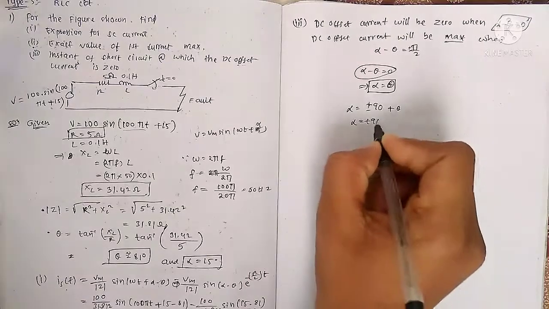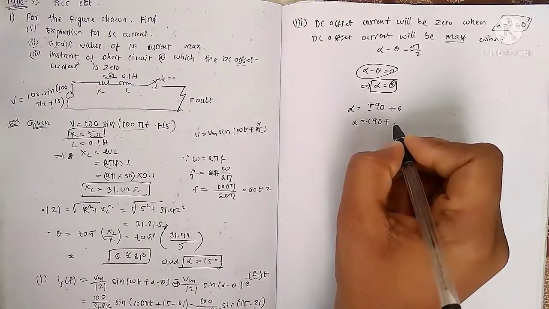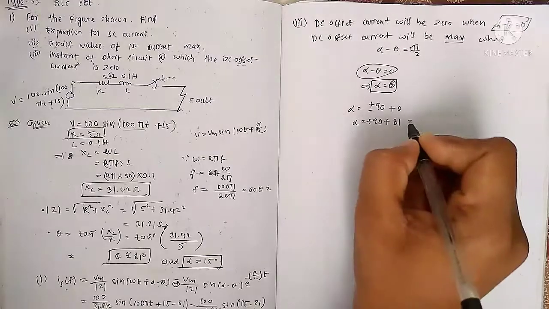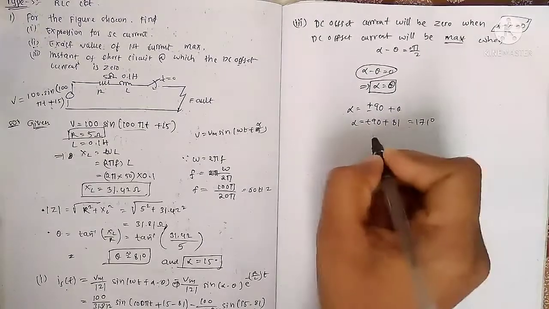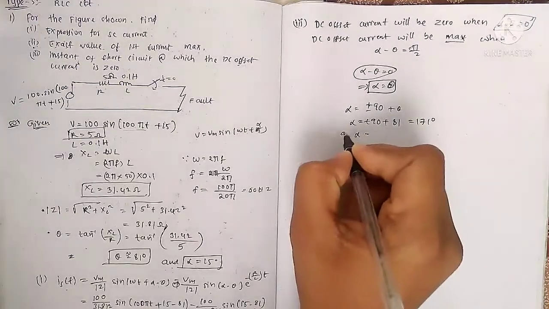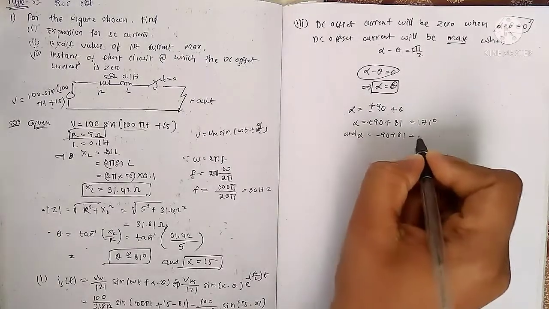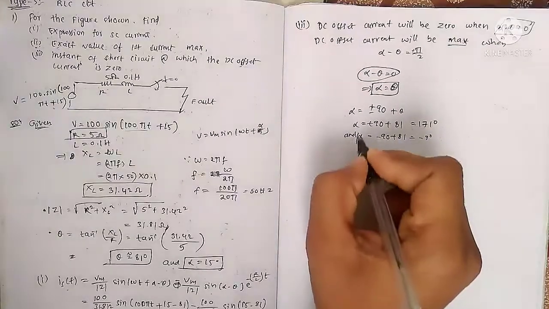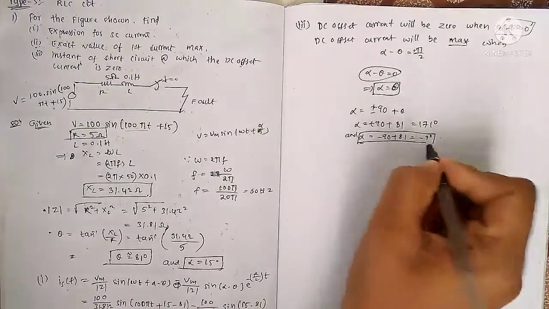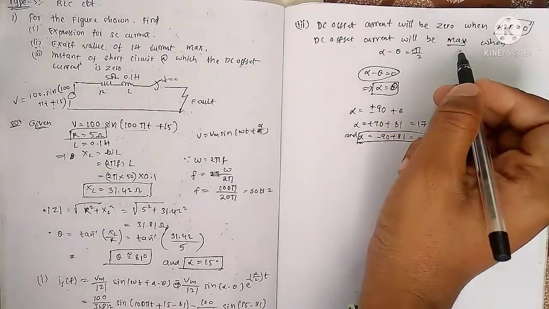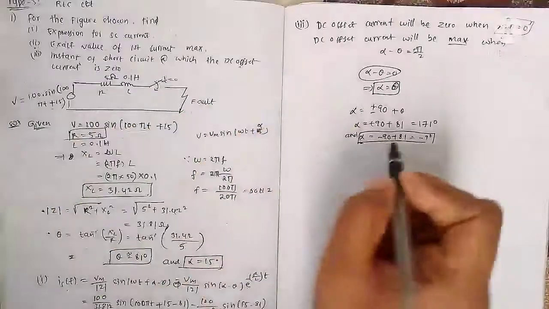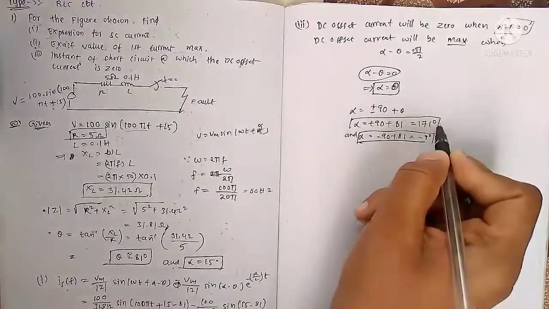Alpha is equal to plus 90 plus the theta value of 81 degrees, which is equal to 171 degrees, and alpha is equal to minus 90 plus 81, which is equal to minus 9 degrees. If they ask for the instant of short circuit at which the DC offset current will be maximum, we need to find it like this.